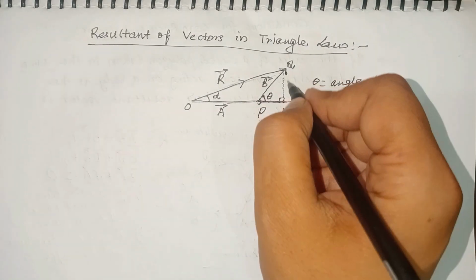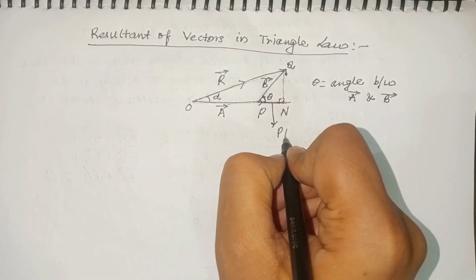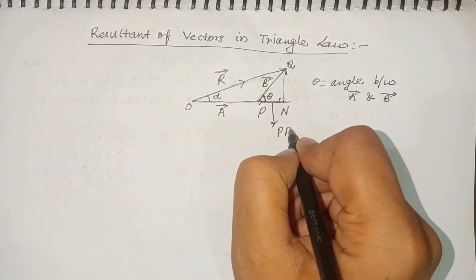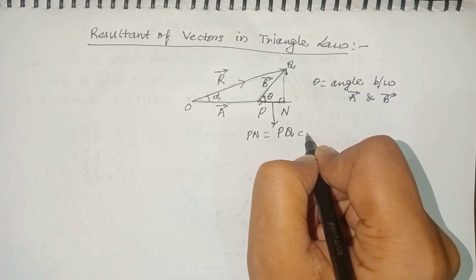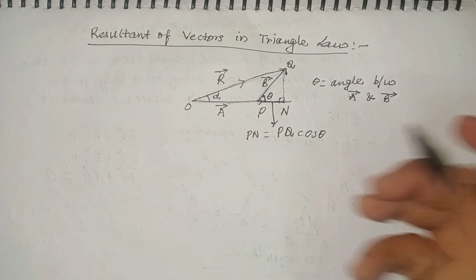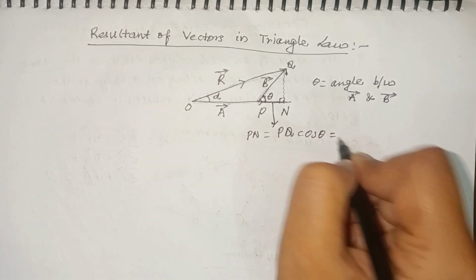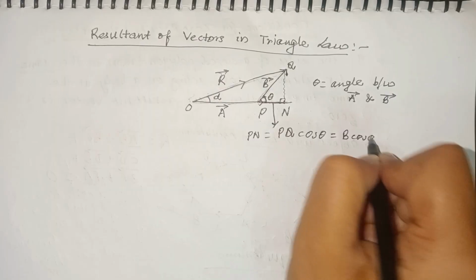Now, this is PN. In mathematics, PN equals PQ cos theta, by trigonometry. PQ cos theta can also be written as B cos theta, for calculations.